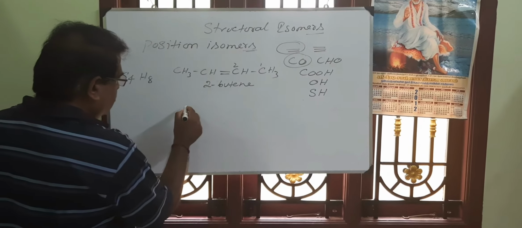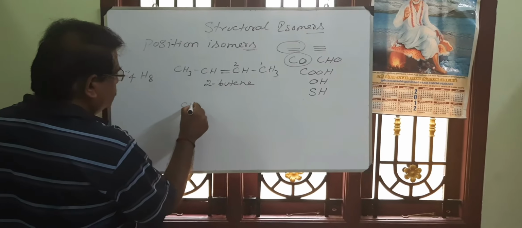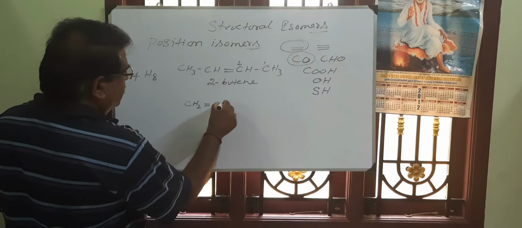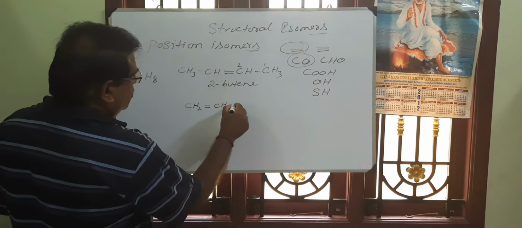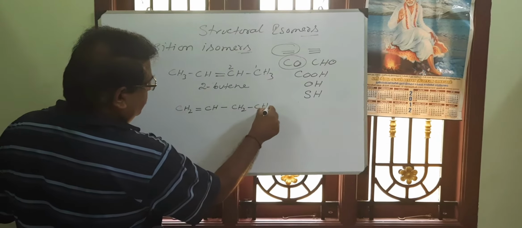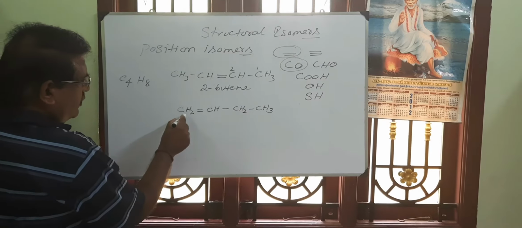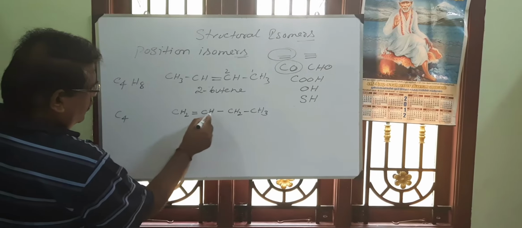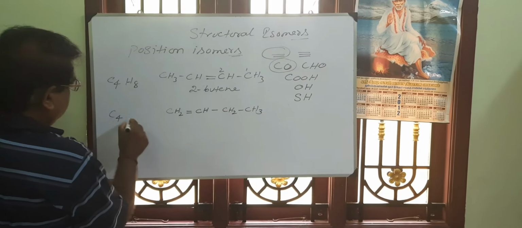Now let's see another molecule: CH2 double bond CH single bond CH2, CH3. What is the molecular formula of this molecule? C4H8.